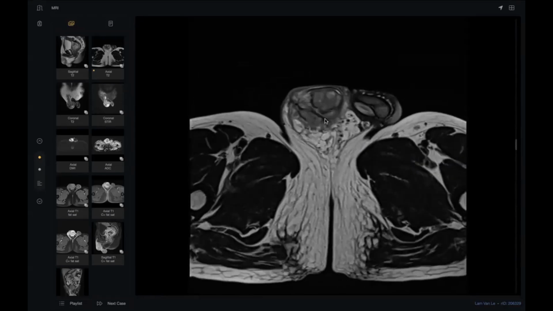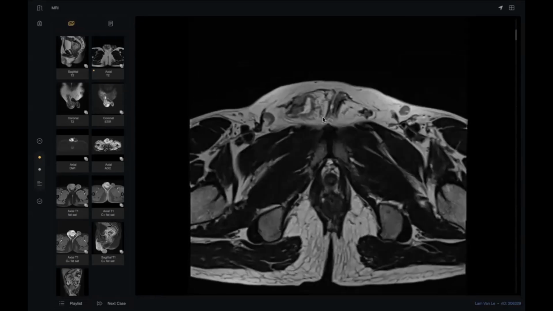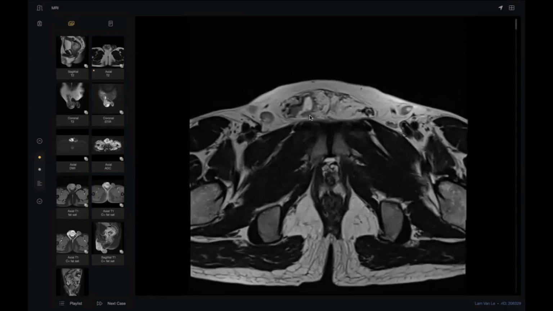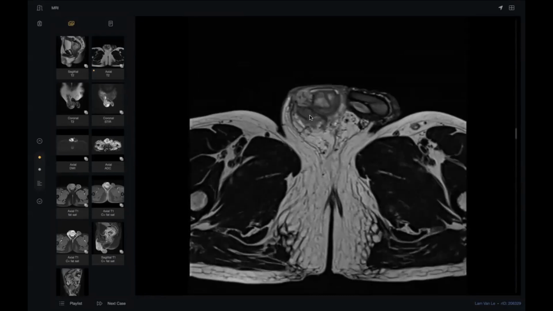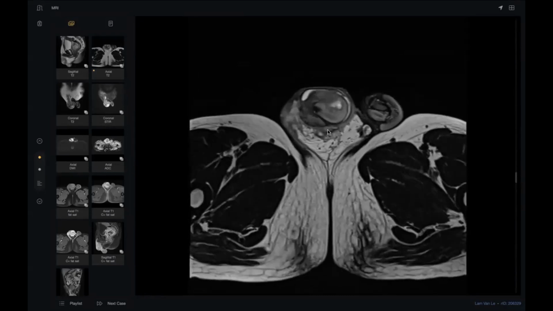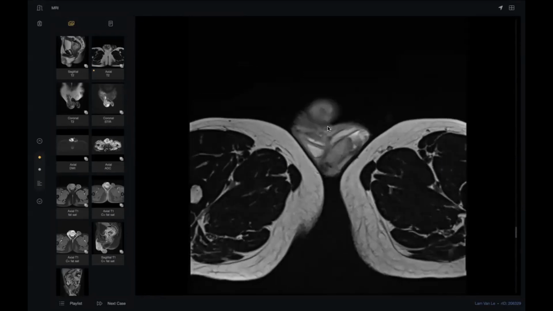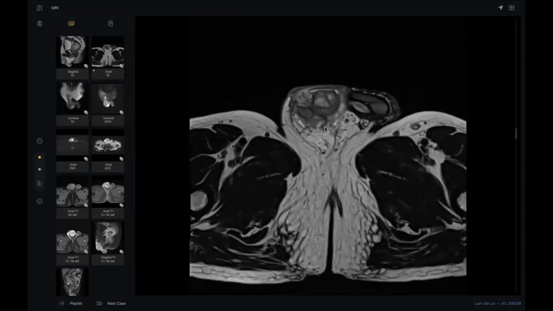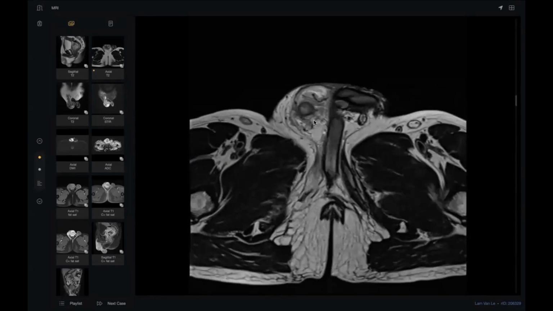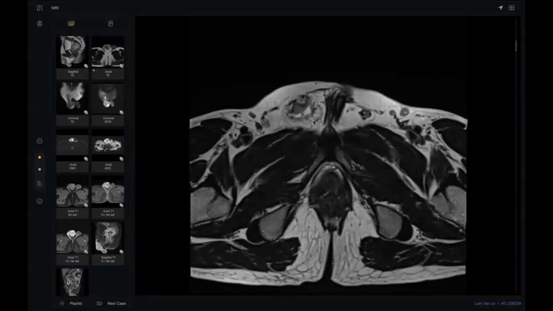As the patient is 40 years old, I'm thinking some aggressive lesion, as it shows a complex structure.